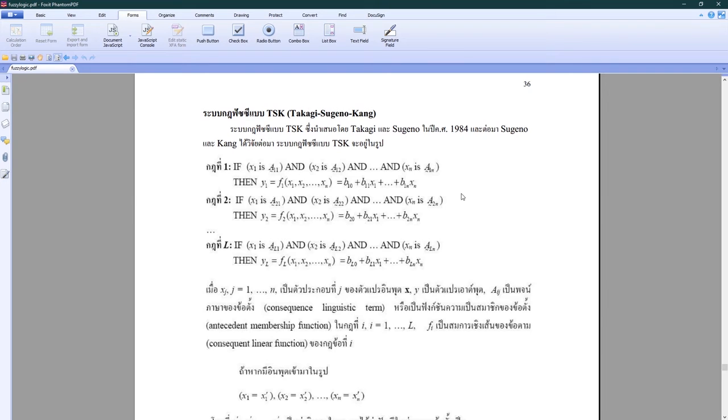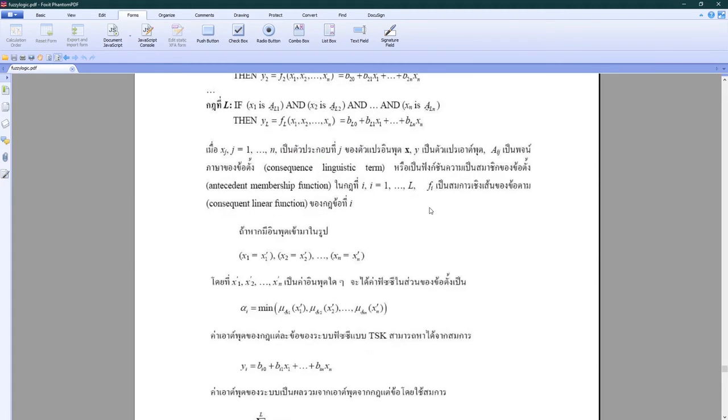The way to create this rule is very complicated, but it still has some advantage. It's more accurate than the Mamdani method. But if we cannot find the equation, then use the Mamdani method instead.